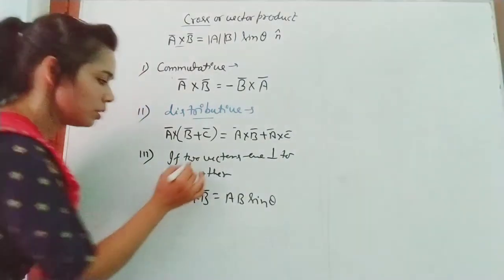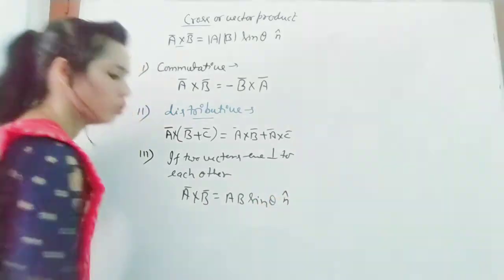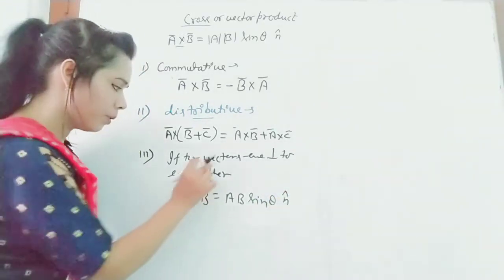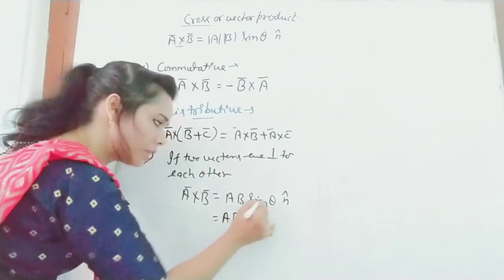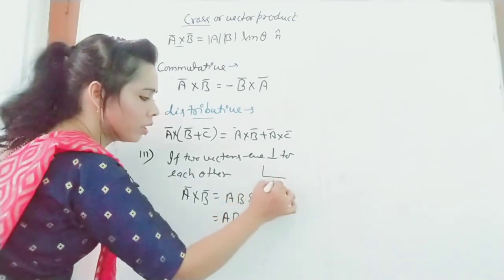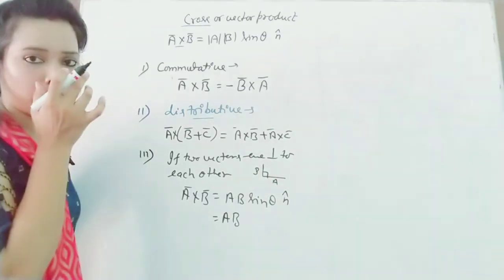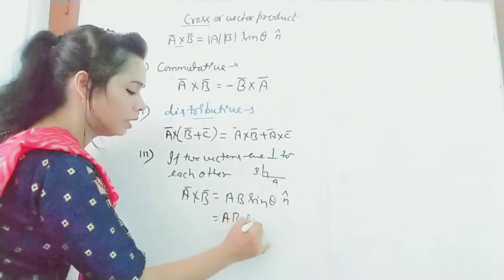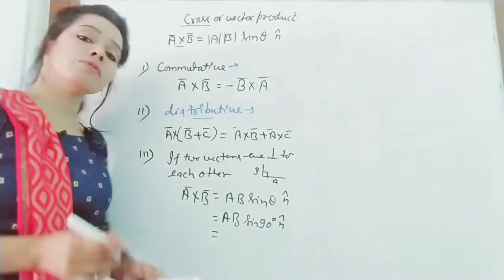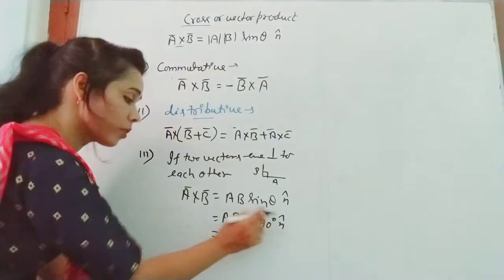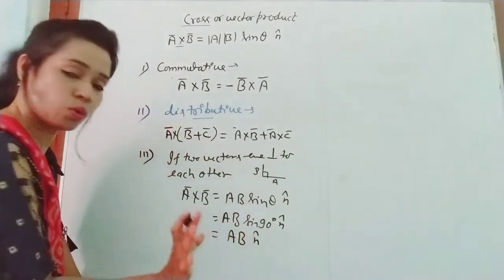Now see, in this case, if two vectors are perpendicular to each other, the angle theta between A and B is 90 degrees. A is like this, B is like this, so both are at 90 degrees to each other. So AB sine 90 degrees and unit vector n. What is the value of sine 90? That is 1. So you got AB. This n is only the direction.